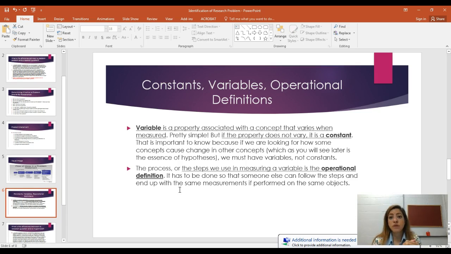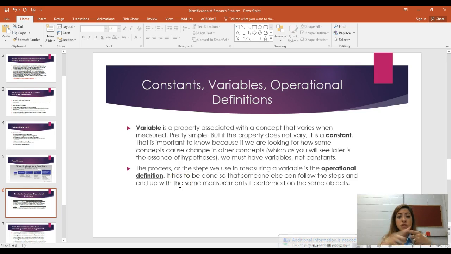If another student comes after you finish your research and wants to tackle this research from a different perspective, with a different ethnicity group or with a different strategy, they can use your research as their literature review and build on it because they have the operational definition. They know how you did it. But if this part is vague, no one can extend your study and no one can use your study as a source of knowledge because things are ambiguous, so they can't build on it. So without this operational definition, no one can build on it.